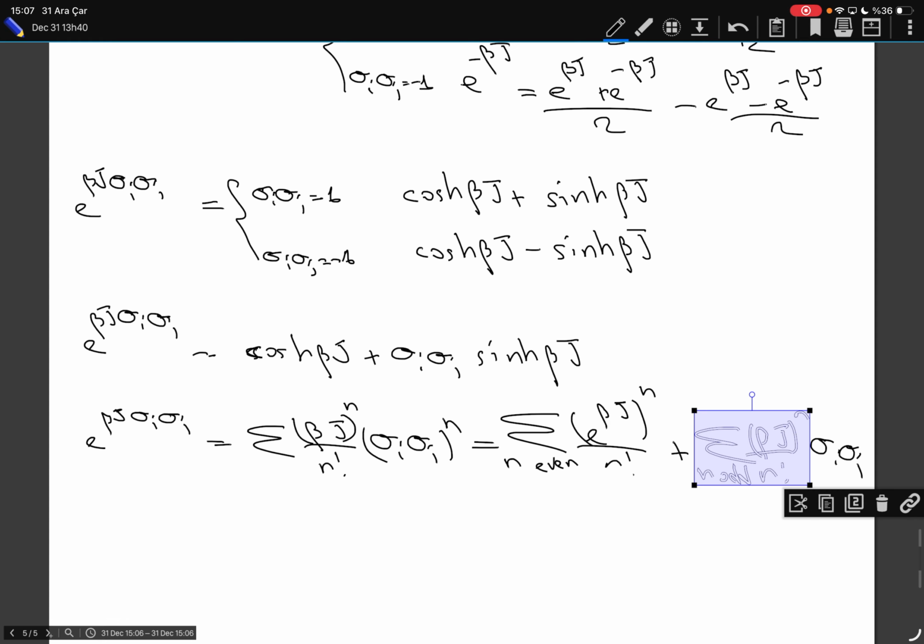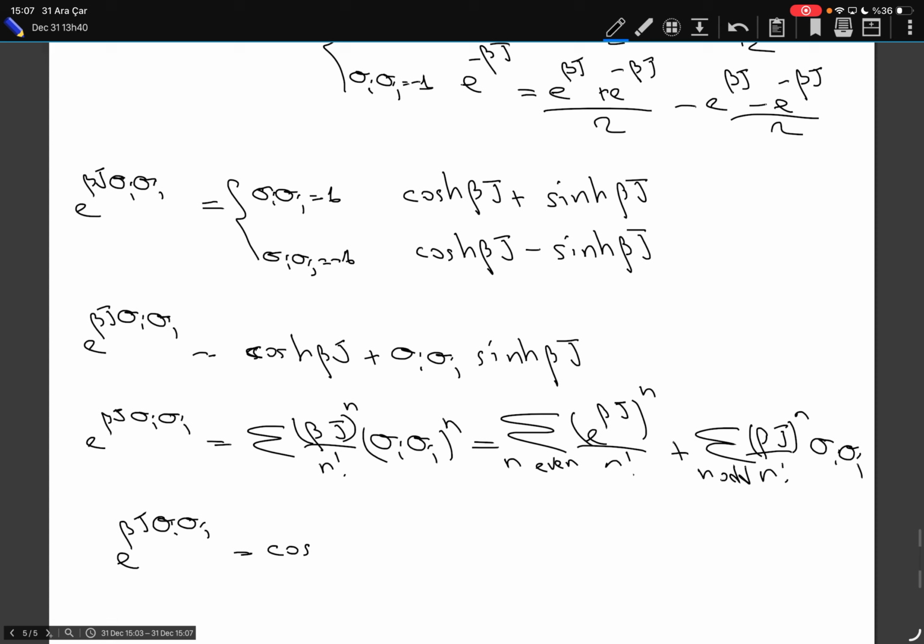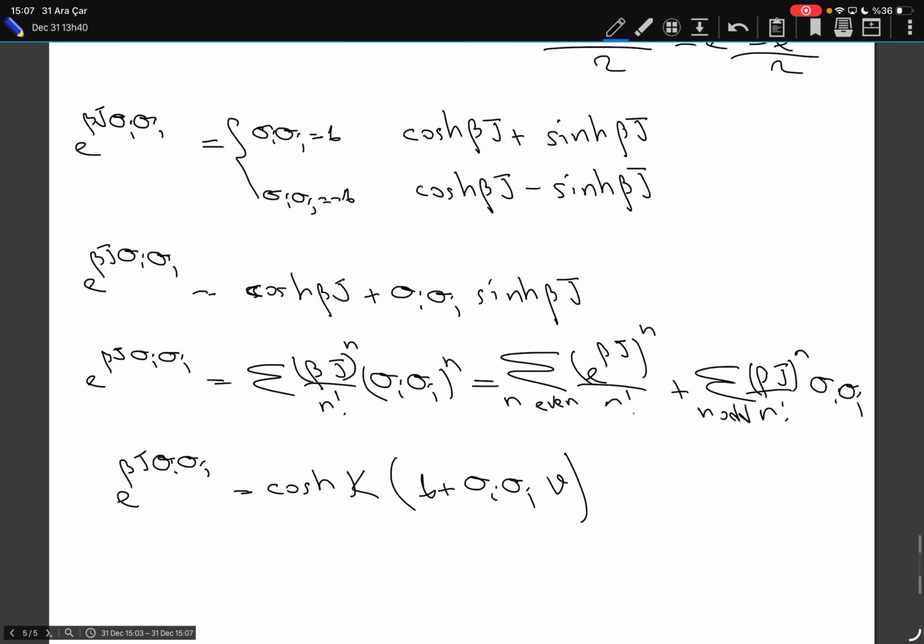So this I can, by the way, also write as cosh beta j times 1 plus sigma i sigma j v, where v is tanh beta j. Well, up to this point, I didn't do anything.